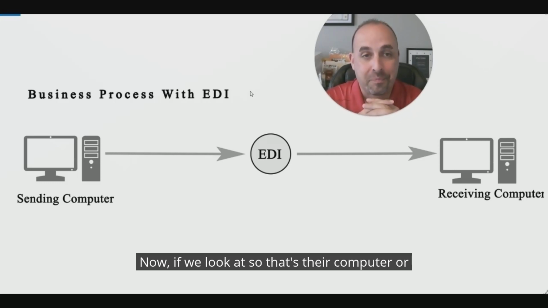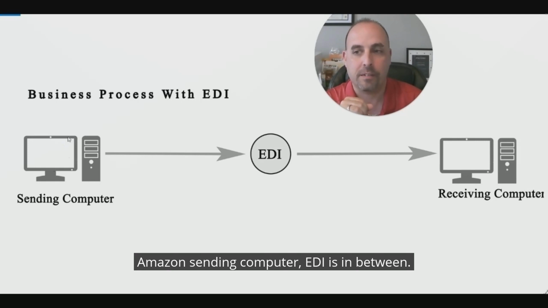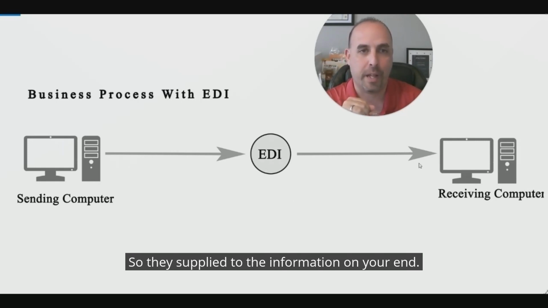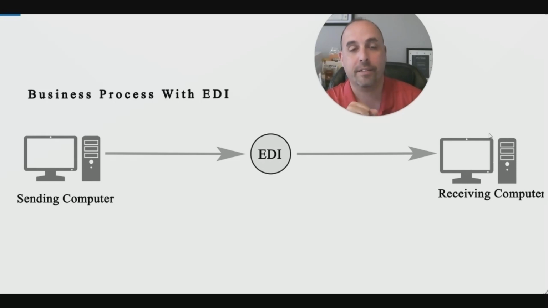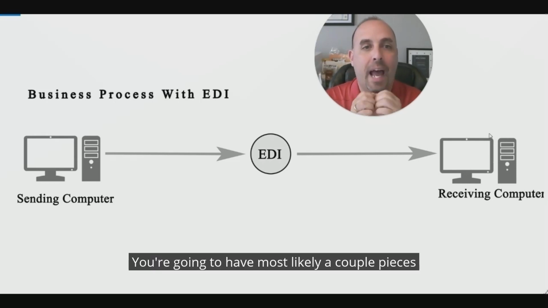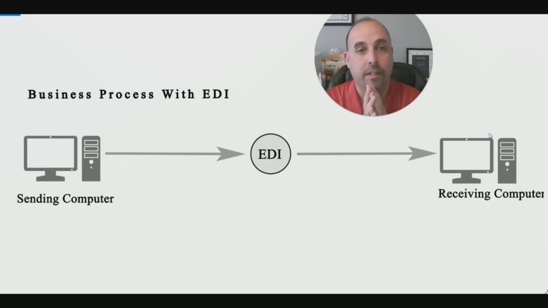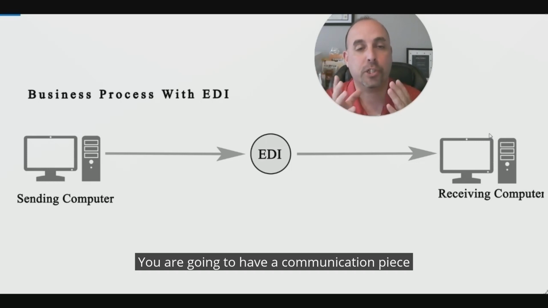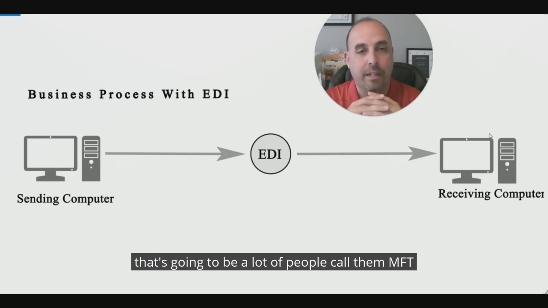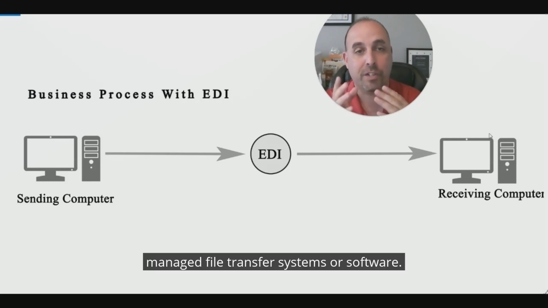Now, that's their computer, Amazon, the sending computer. EDI is in between, so they've supplied you the information. On your end, you're going to have, most likely, a couple of pieces for handling EDI. You're going to have a communication piece, which a lot of people call an MFT, Managed File Transfer system or software.